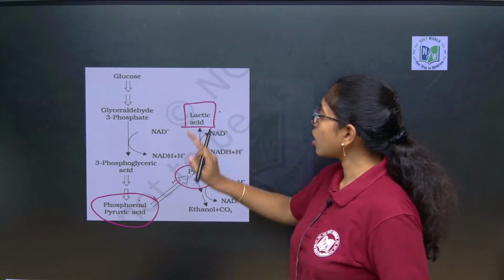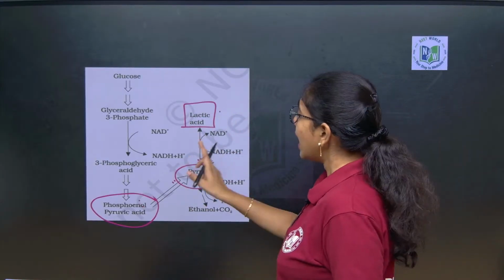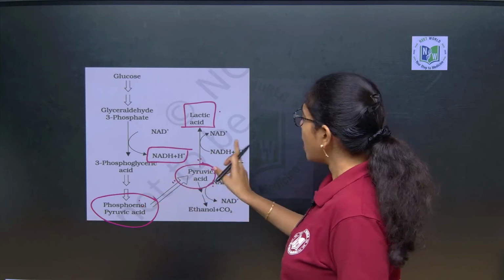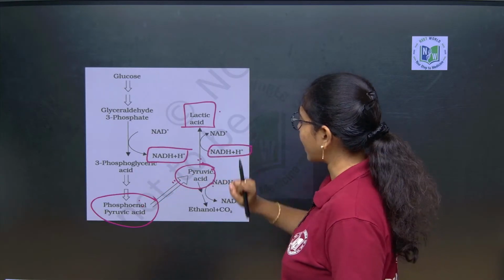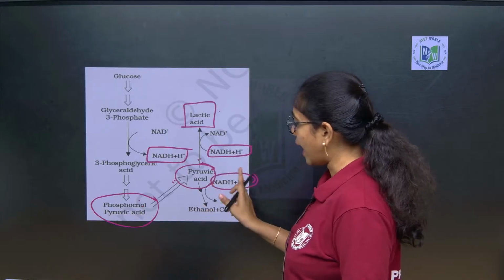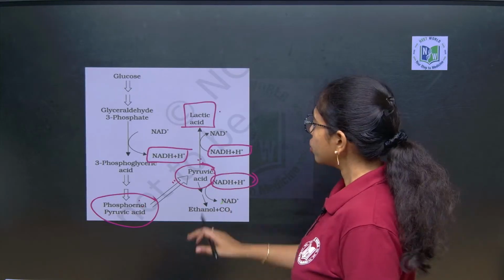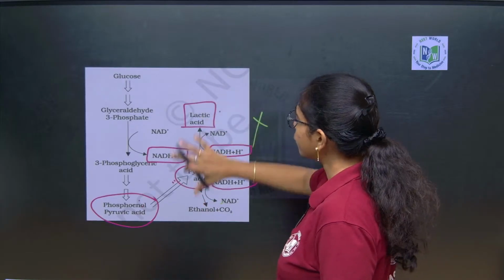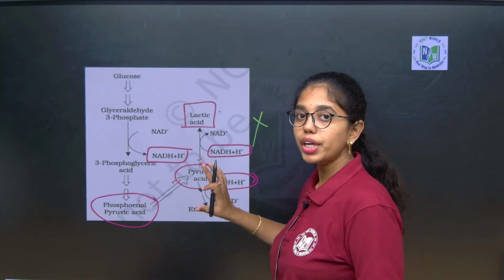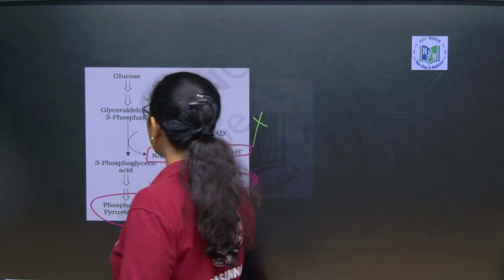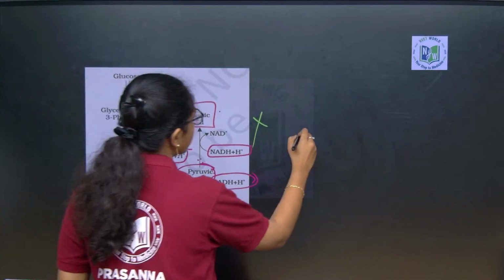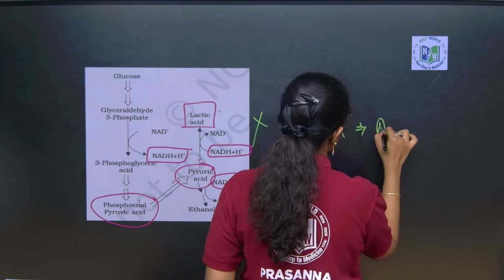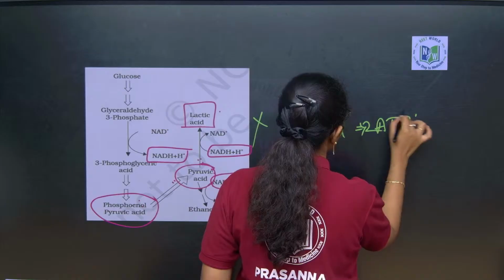In the 6th step, whichever NADH is released into the cytoplasm is utilized during lactic acid fermentation and alcoholic fermentation. So, 0 energy is formed during the fermentation process. For anaerobic respiration, the total energy released is just 2 molecules of ATP.